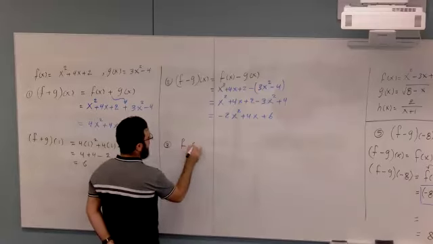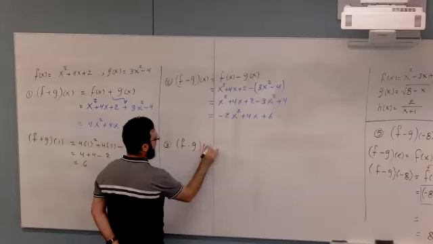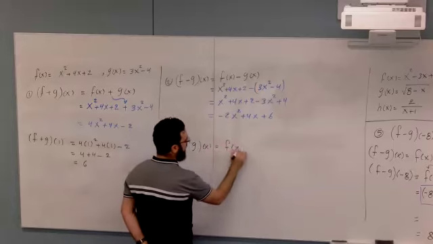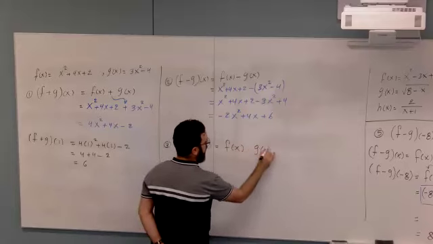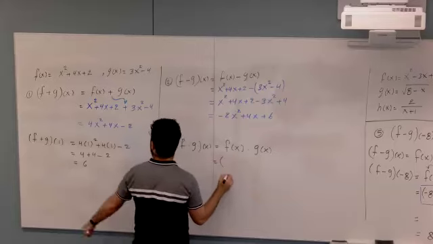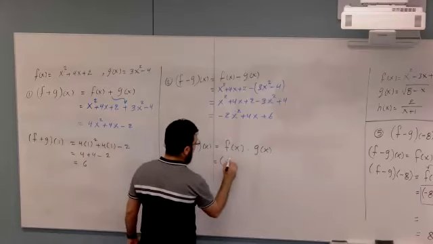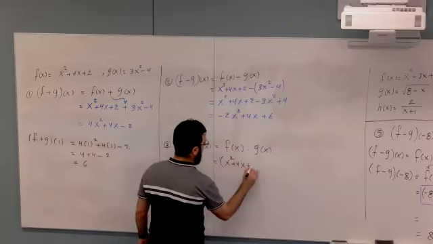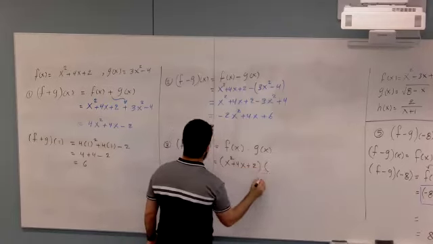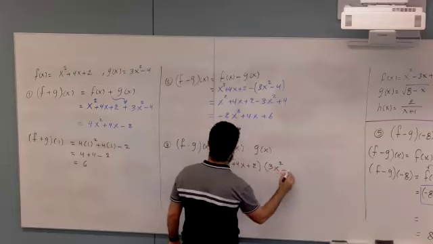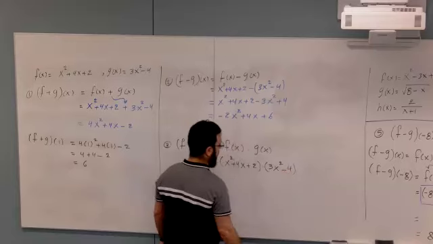So f times g of x is going to be f of x times g of x, which means x squared plus 4x plus 2 times 3x squared minus 4.